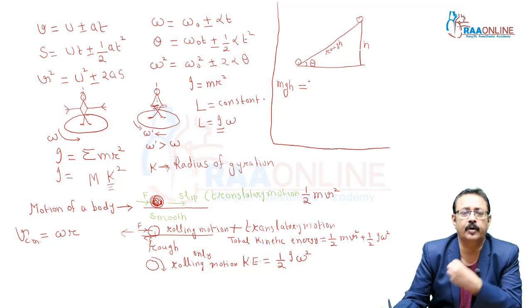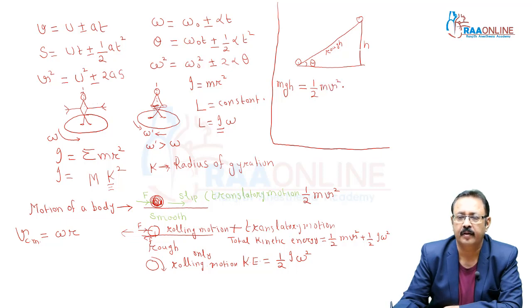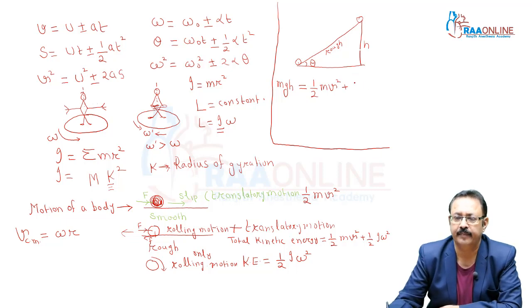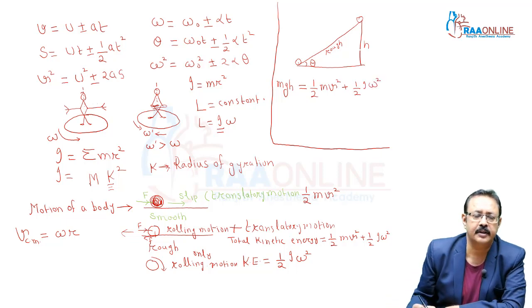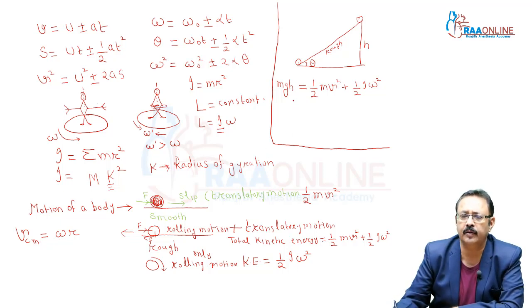Where mgh is gone, you can calculate by sum of two kinetic energies at this point, means translatory kinetic energy plus rotational kinetic energy, half I omega square. Since we know that V is equal to omega into R, so we can replace this also.